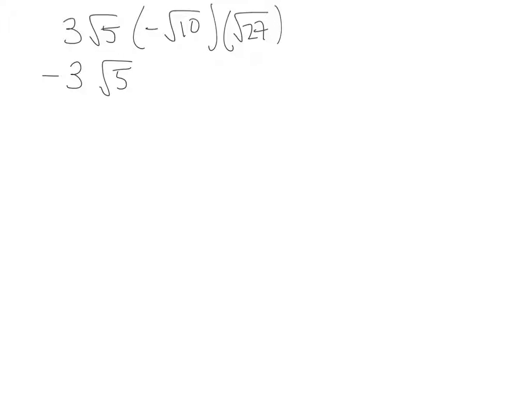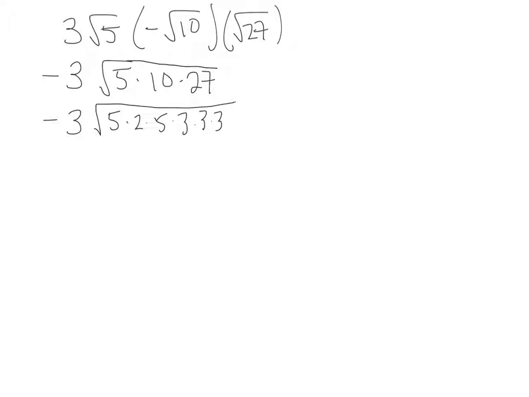And so we're going to have square root of 5, square root of 10, and square root of 27, which we can put all under one radical roof. And so we're going to get the opposite of the square root of 3, and now I'm going to prime factor everything. We're going to have 5 times 2 times 5 times 3 times 3 times 3.